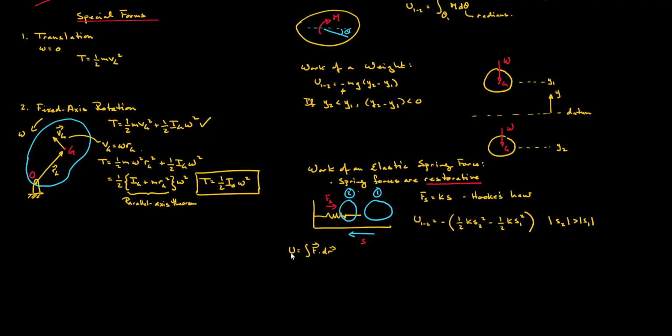For example, for the work of a weight, the force due to the weight remains constant between position 1 and position 2. However, this is not the case with a spring.